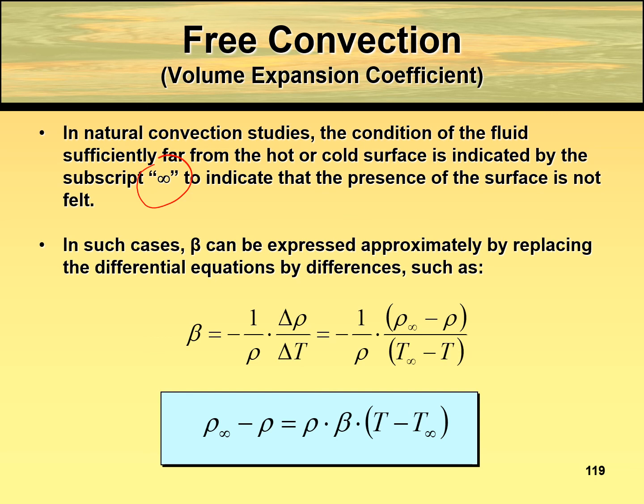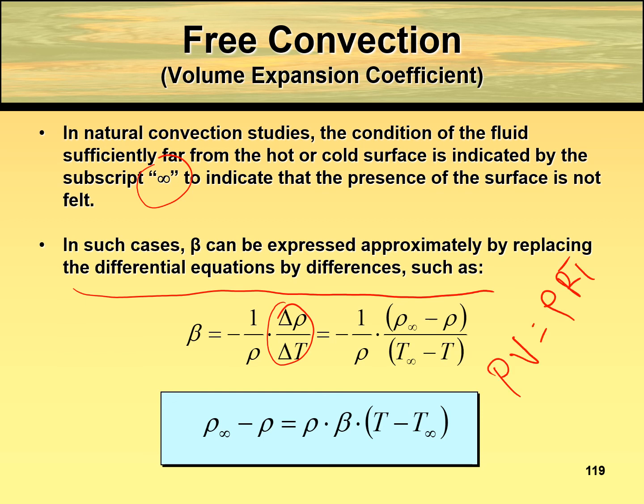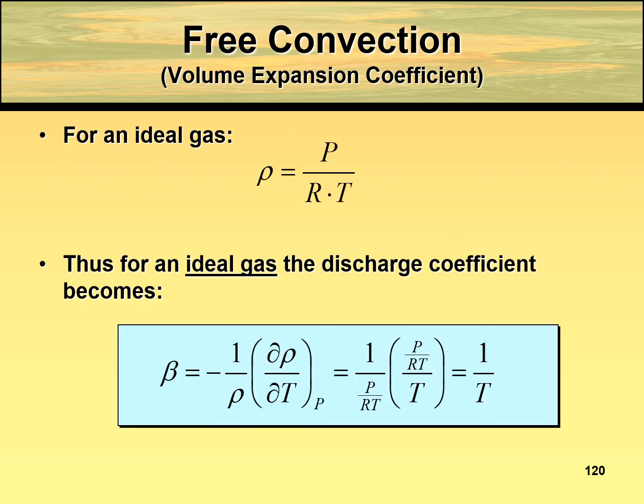Okay, then if we replace with the differential equation such as this one, where beta equals 1 over rho times the gradient of rho over the gradient of T, and if we take the ideal gas equation of state, where PV is equal to rho RT, the changes of this density follow the ideal gas equation of state.